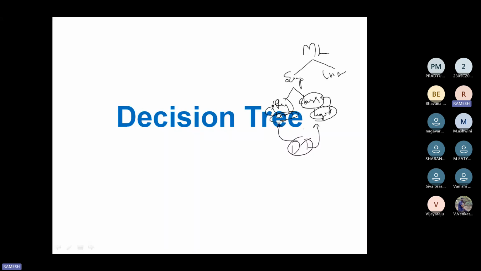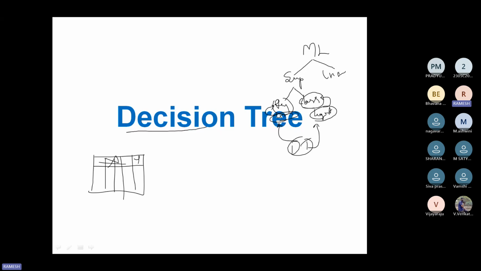Here the main intention is, for the given data set, which is supervised learning data, it definitely has some target variable and some features.